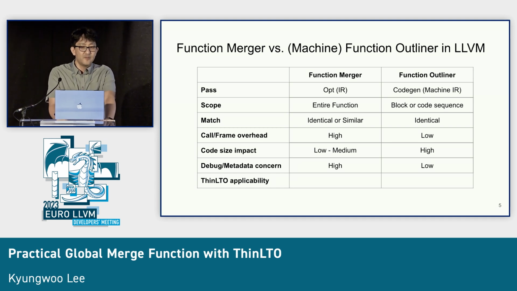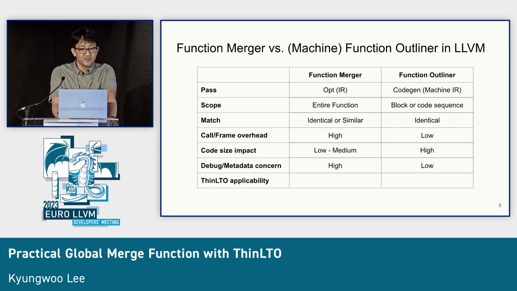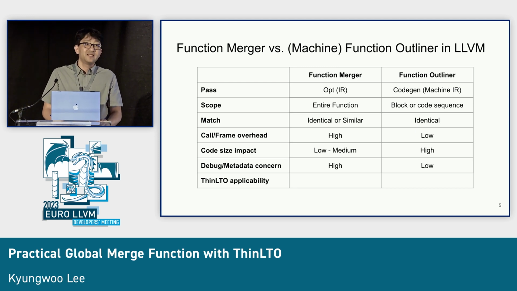Lastly, ThinLTO applicability. When building large applications, build time is critical, which is why we use ThinLTO for mobile app builds as opposed to full LTO. However, none of the existing function merge methodologies is applicable to ThinLTO.